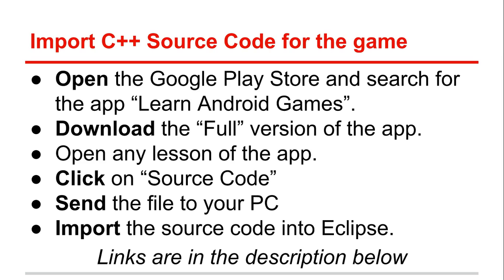That is going to download a zip file with all the images, assets, music, and the source code for the game. So send that file to your PC from your Android device, and then inside your PC, go ahead and import the source code into Eclipse. And you can find the links in the description below.